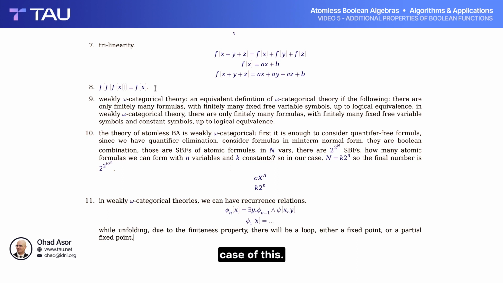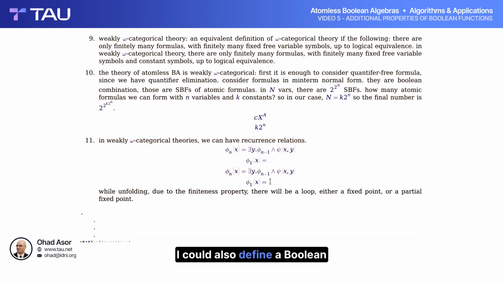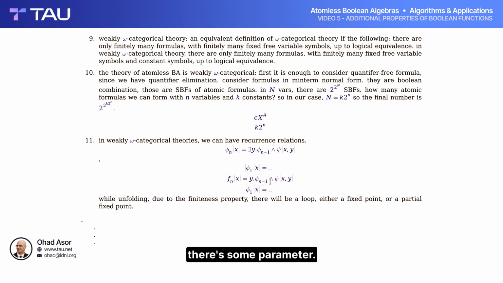This is a more general case of this. There are also only finitely many Boolean functions with prescribed variables and constants. So this holds not only for formulas but also for functions. In the same way, I could also define a Boolean function recursively. Okay, I see that here I forgot to put some parameter. Let's put it now.